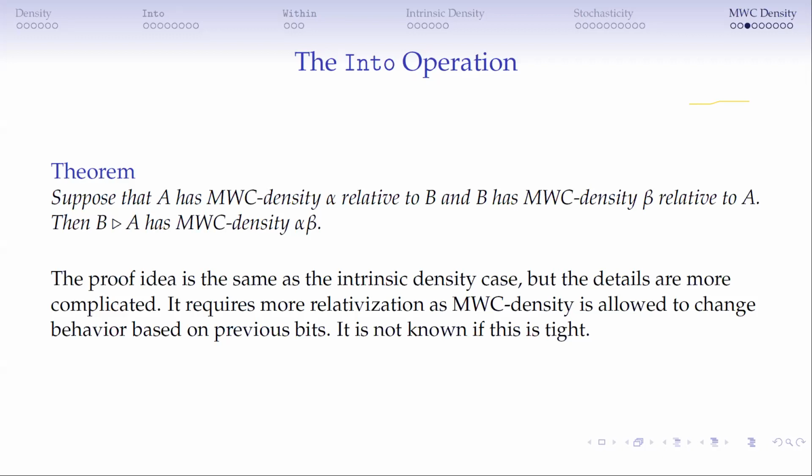The difference here is that now we need relativization on both sets. But unlike the intrinsic density case, it's open. We don't know if this is tight, if you can eliminate one of these or not. But we know that the example that we gave for intrinsic density to show that this was tight will not work in this case because the join completely fails to work in this setting.